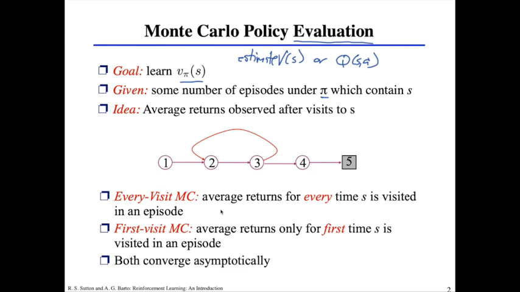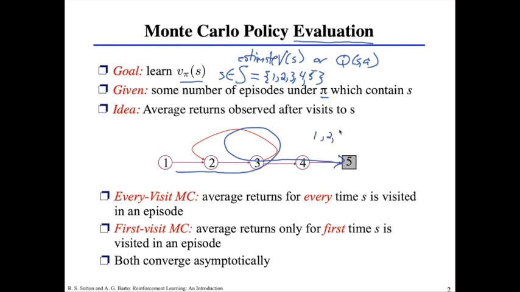So, every-visit versus first-visit. This is a bit of a subtlety of whether you update. S is a particular state, one of the states in the set S, and in this case we have 5 states, and we know that number 5 is the terminal state. In this history, this trajectory, we ended up going in this way: a series of events in this run.